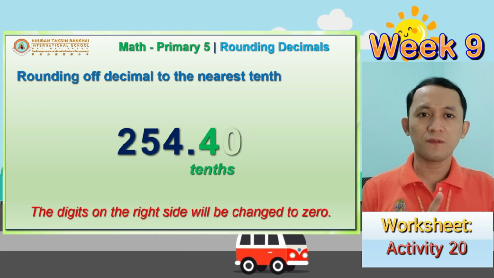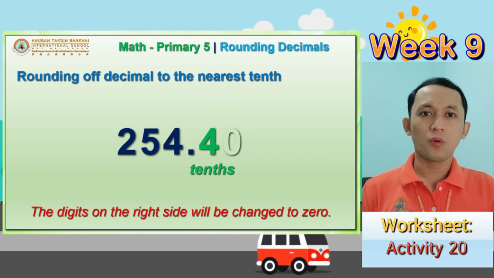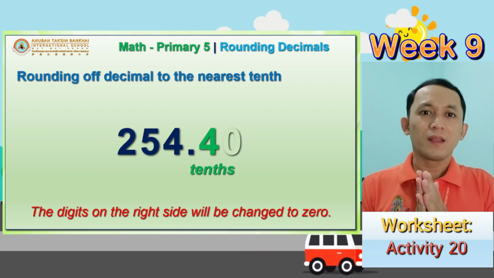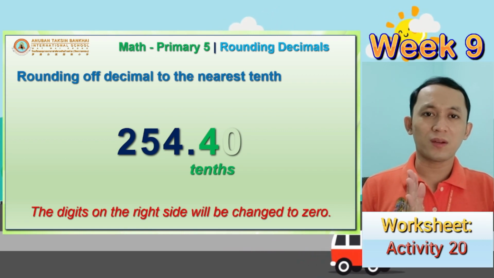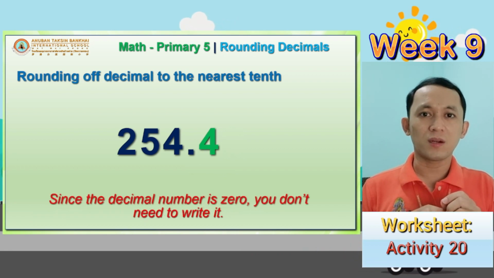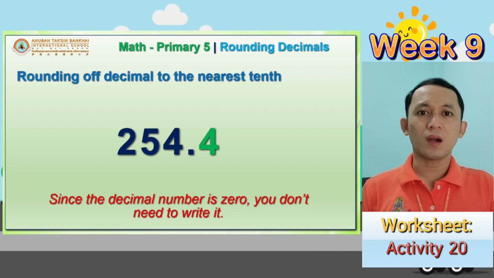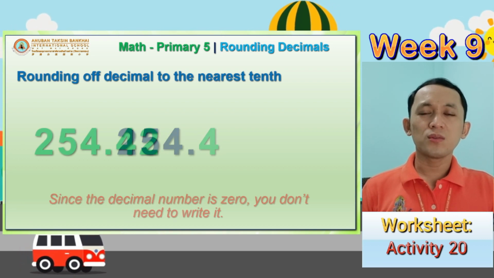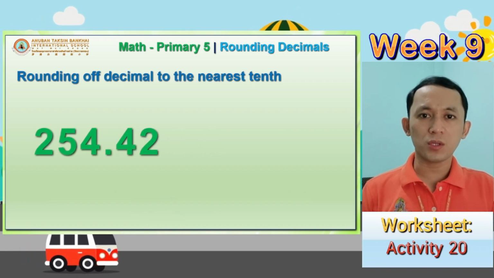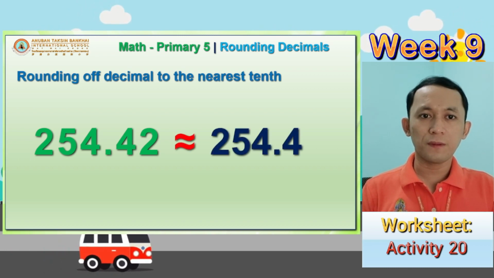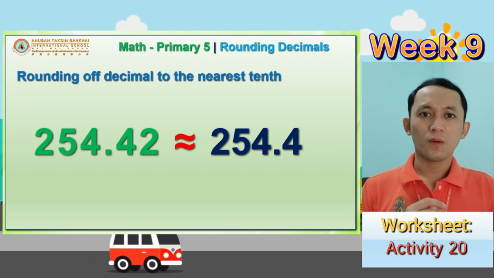So we have 254.40. Now in decimals, if the digits on the right side are all 0, we don't need to write them. So in this example, we are going to write 254.4. Again, 254.42 is approximately equal to 254.4.